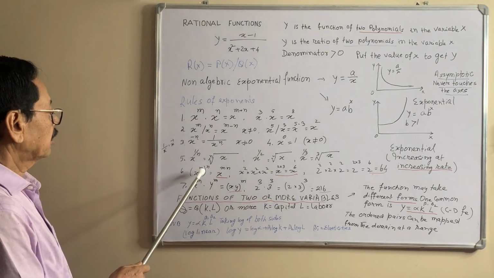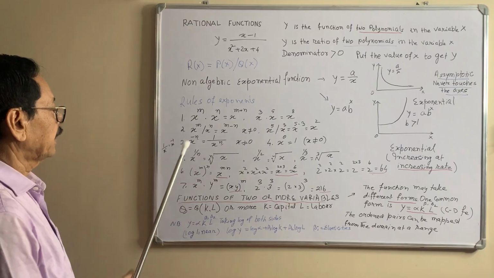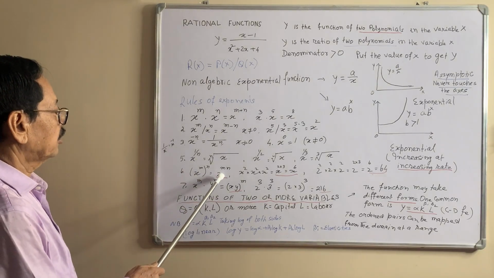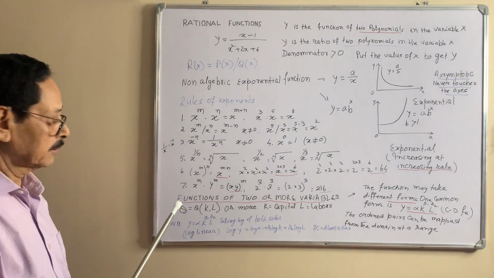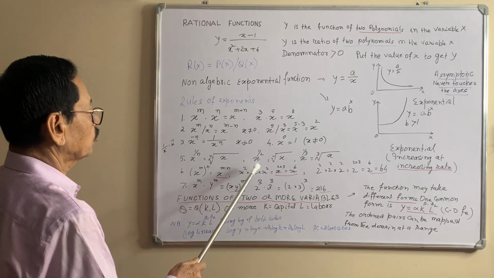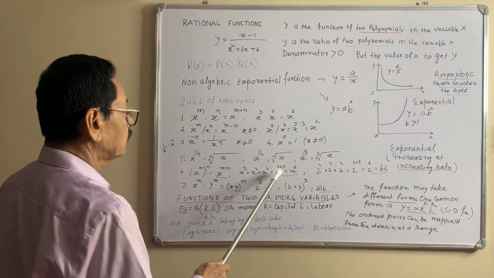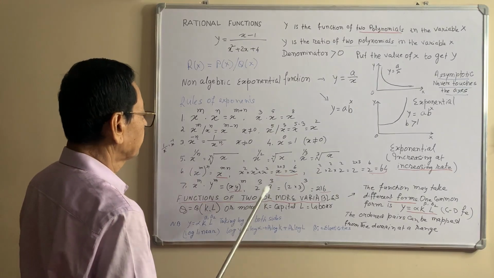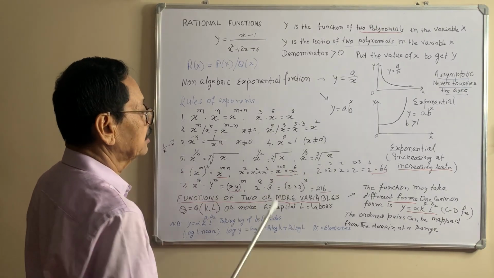Then x to the power m whole to the power n is x to the power m into n. Suppose x square whole cubed: x to the power 2 into 3 is equal to x to the power 6.